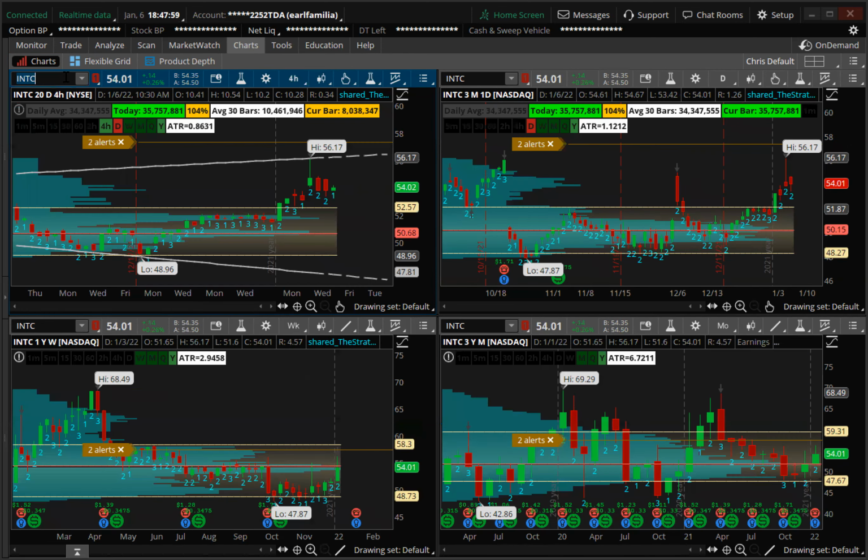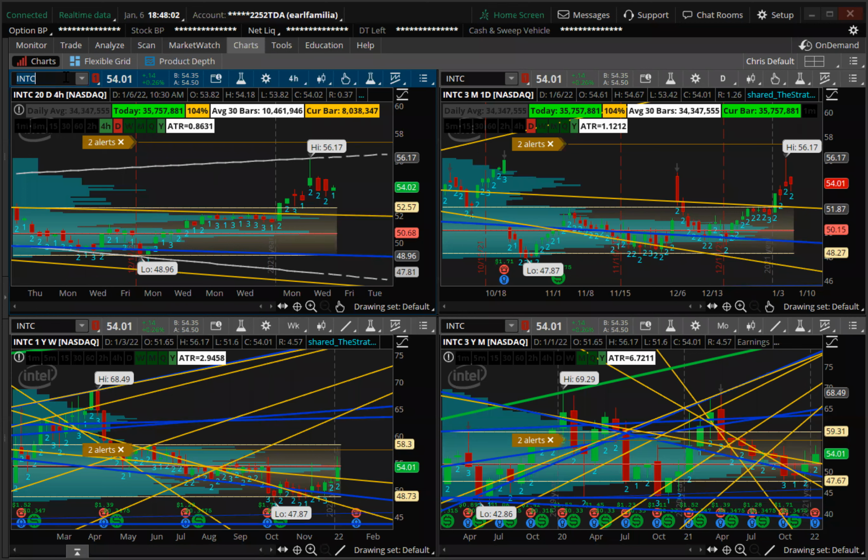INTC, which I know the pack has been working pretty damn good. INTC, it's a decent 4-hour setup, but need to get continuity on the day. What's the day? Price closed here, 54.